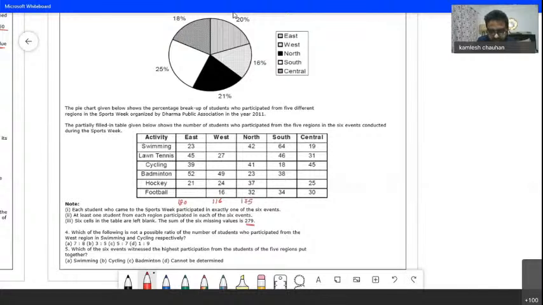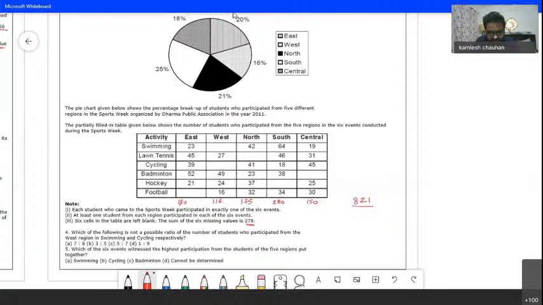Then 110, 128, 166, 200. If you add 50, 95, 120, and 150. If you add all the numbers, how much will you get? 91, 71, 821.